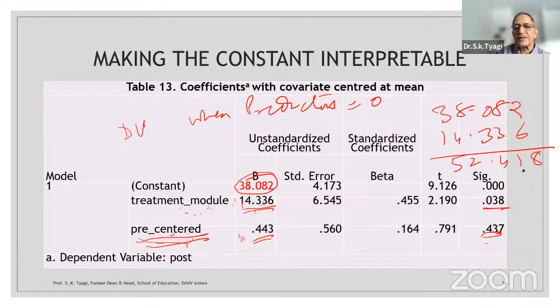This is nothing but the mean score of the module group. The adjusted mean score for the module group, or mean score for the module group controlling for pre-scores.